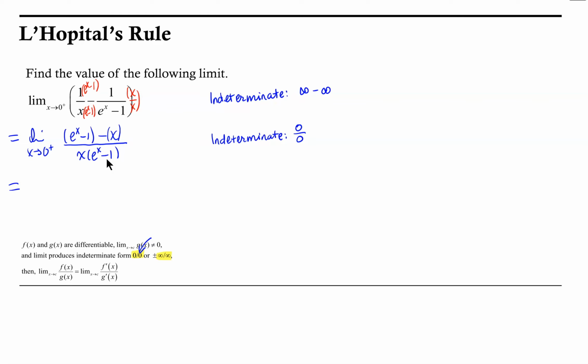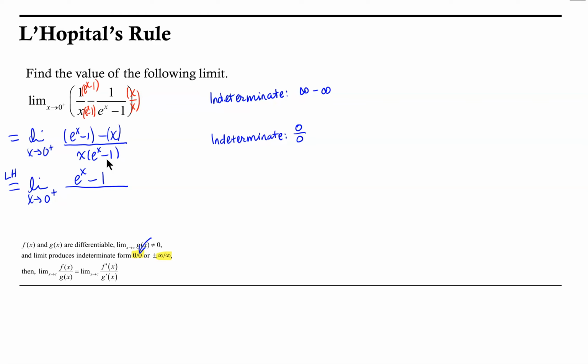So that equals, and we will write LH over our equal sign, and we end up with the limit as x approaches 0 from above. Now the derivative of the numerator is e to the x, derivative of 1 is 0, minus 1 for the derivative of the x.